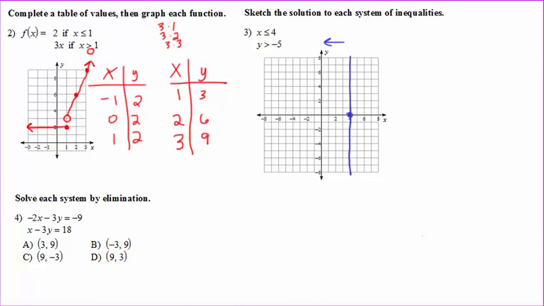Then we draw y is greater than -5, so go to -5 on your y-axis, and then you're going to do a not solid line, so a dashed or a dotted line, because y is greater than -5, but it's not equal to. Since it's greater, that means we want to shade above, because where are the numbers that are bigger than -5?